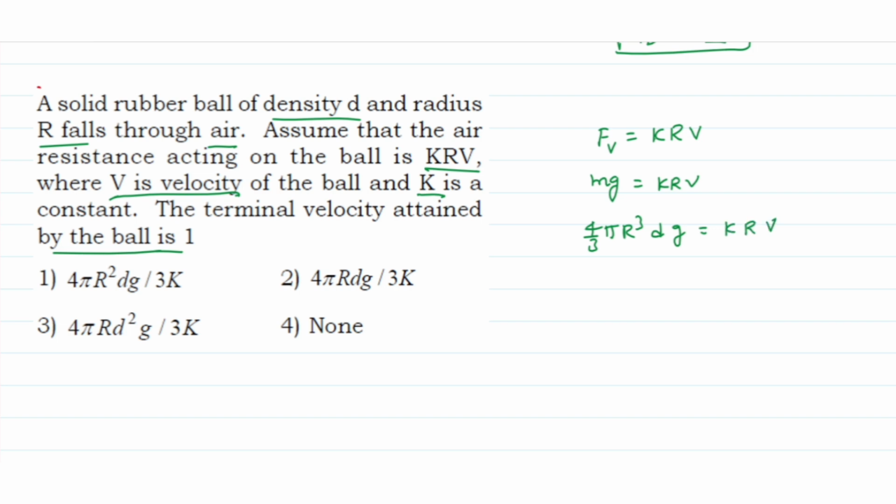Here mass is 4/3 pi into r cube into density d, into g, which equals k into r into v. One r and one r get cancelled, then the velocity equals 4/3 into pi into r square into d into g by 3 times k. So this is the terminal velocity of the ball.